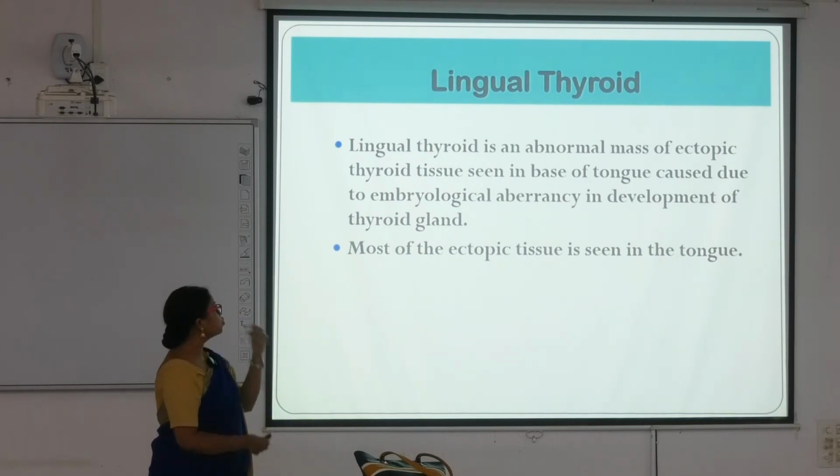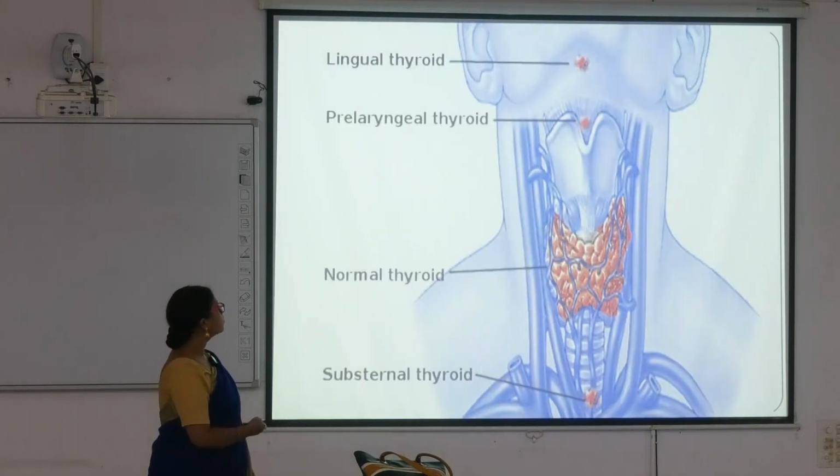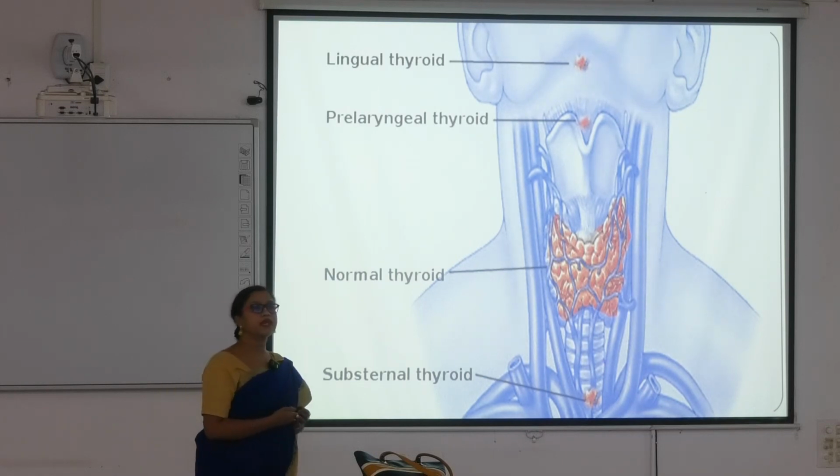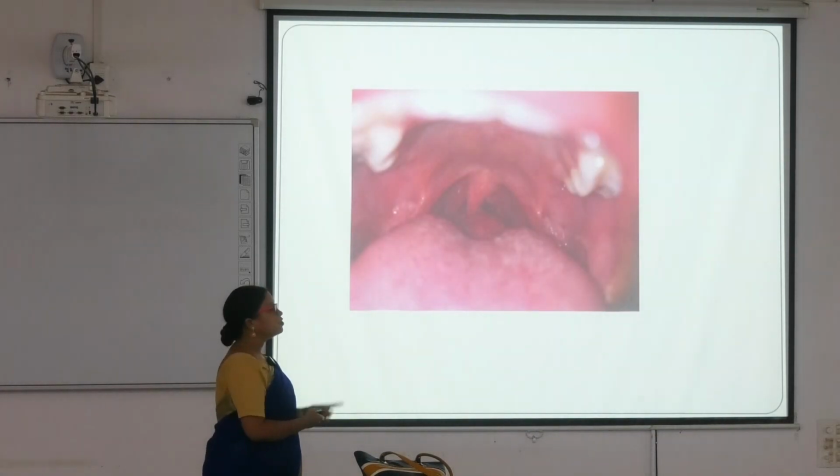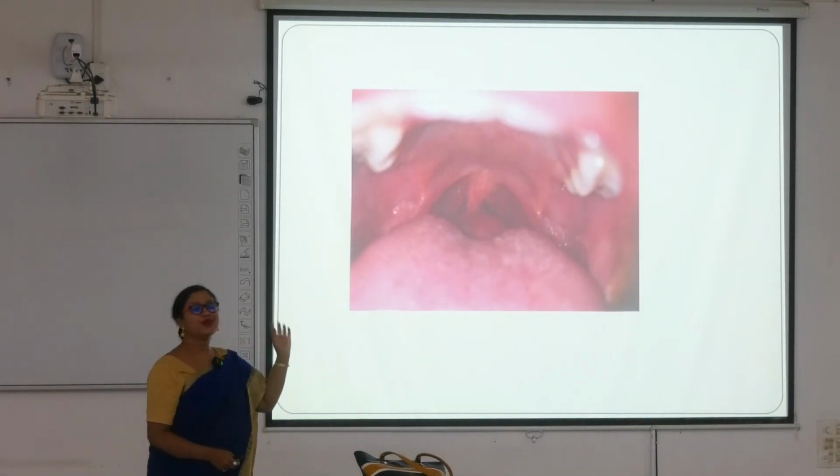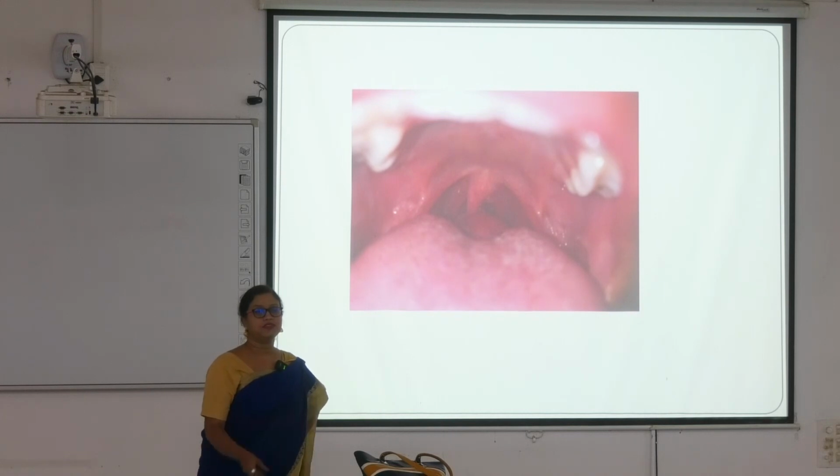Most of the ectopic tissue is seen on the tongue. So see, this is the lingual thyroid, then prelaryngeal thyroid, and finally you could also get the substernal or retrosternal thyroid.